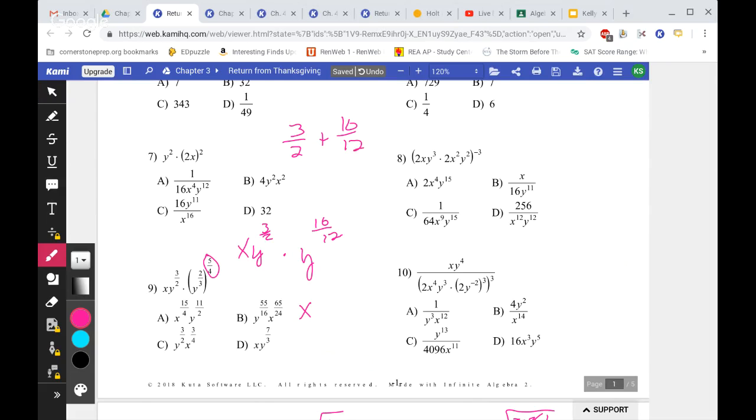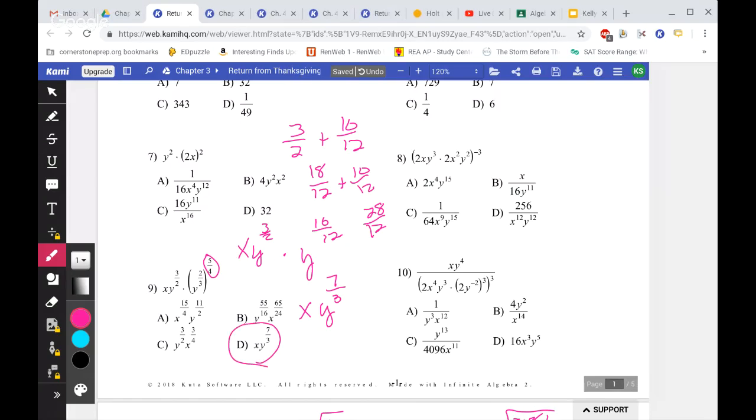So you have to get a common denominator of 12. 2 goes into 12 6 times. 6 times 3 is 18 plus 10 over 12, which gives me 28 over 12. And 4 goes into both of those. 4 goes into 28 7 times. And 4 goes into 12 3 times.